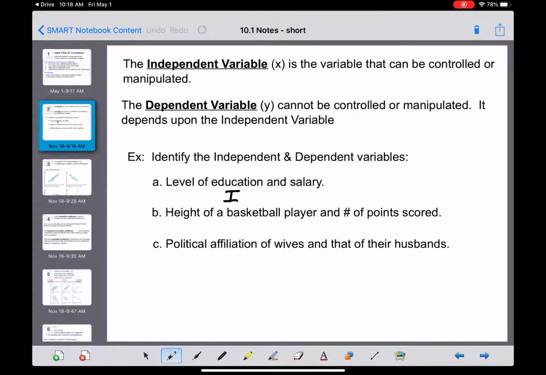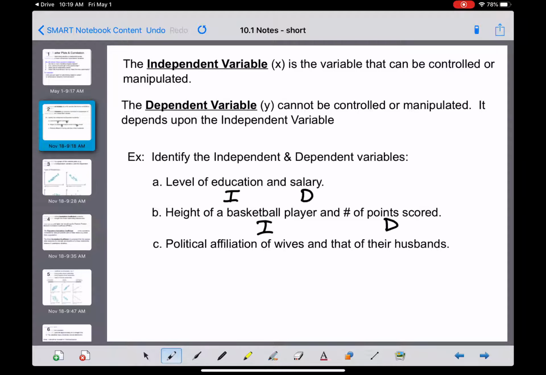That's your independent, so you can get more education, and that's going to increase your salary potentially. Height of a basketball player and the number of points scored: the height is your independent, number of points scored is your dependent. So if we're saying that there's some relationship, that the players that are taller score more because they're closer to the basket or whatever it is, independent, dependent.